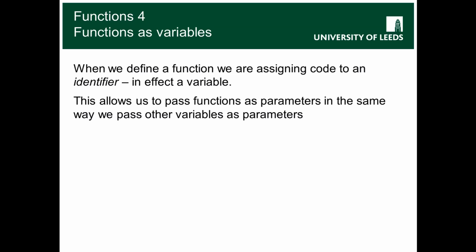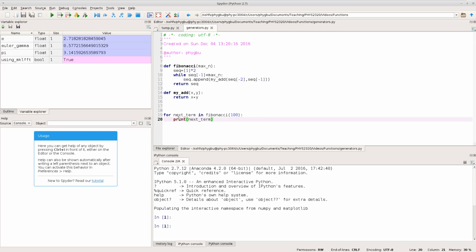Okay, so we're going to have a quick look at how this might all work. Here's our code that we've been using before. It's calculating a Fibonacci series. We have our def Fibonacci function, which takes a maximum value it's going to calculate up to. It initializes the sequence, and then we have a while loop which says, while the last value in the sequence is still less than the maximum value we're looking for, append.